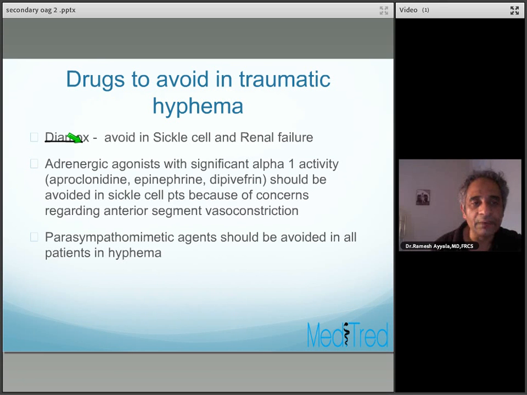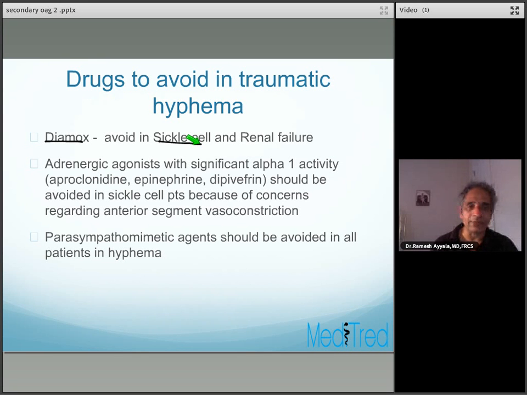The reason for avoiding Diamox in patients with sickle cell disease, obviously, is because Diamox can increase acidosis and cause dehydration to some degree, both of which can lead to increased sickling of the RBCs that can worsen the situation, and in fact can precipitate a sickle cell crisis in this patient population.